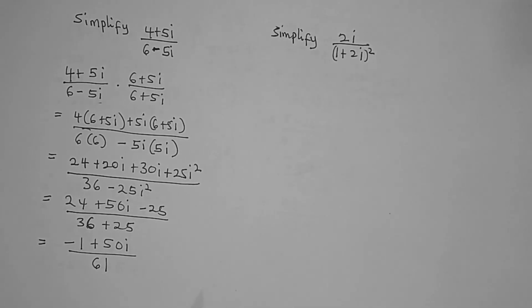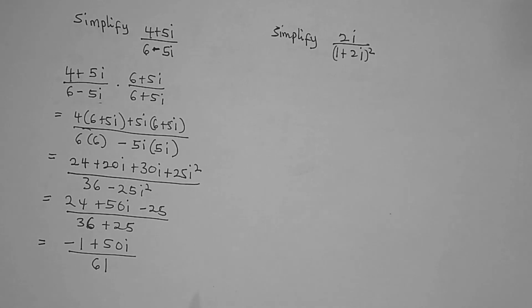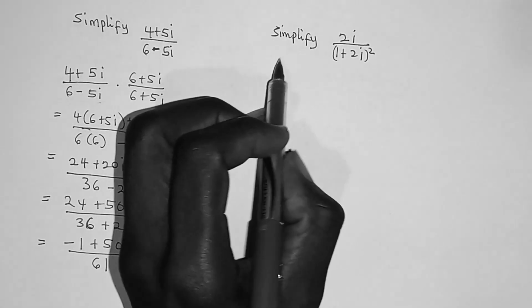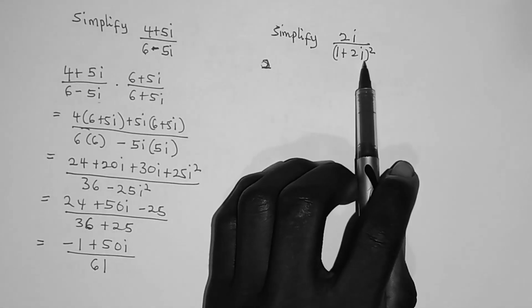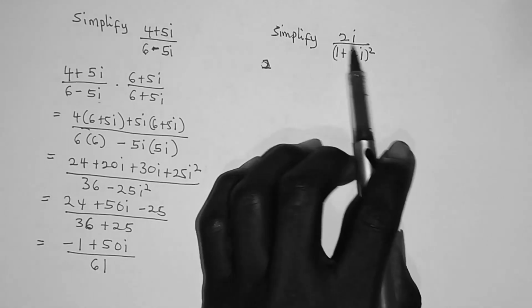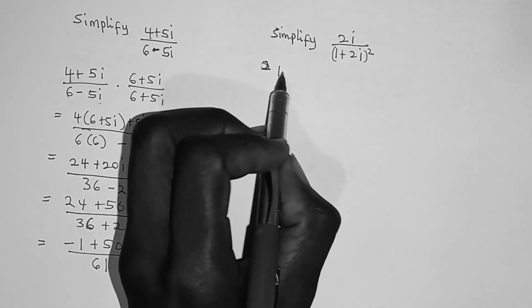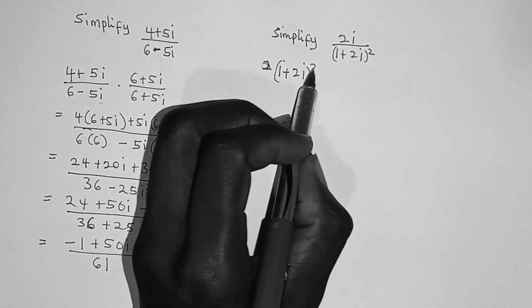So we have this question here. Simplify 2i divided by 1 plus 2i, into bracket 1 plus 2i all squared. So pause the video and try. So what we must do is that we need to first take the denominator and solve. So let's solve the denominator first, which is 1 plus 2i squared.